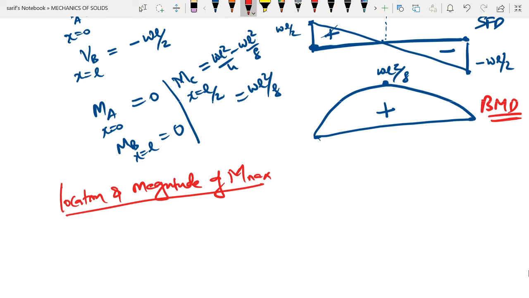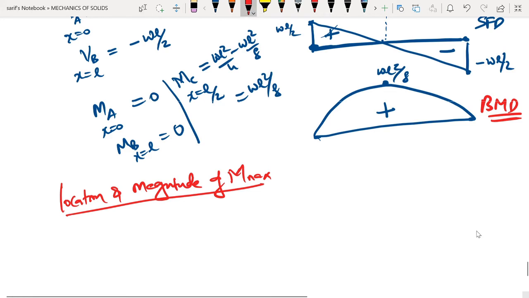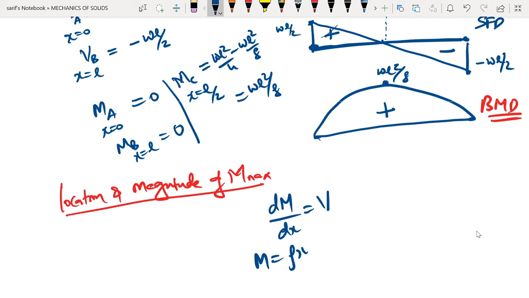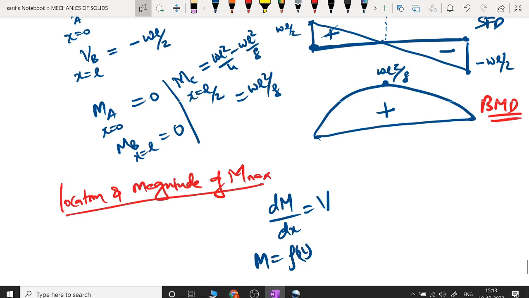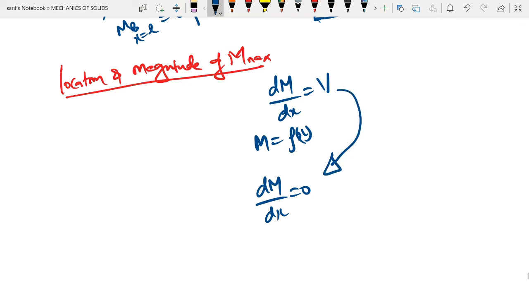One way is, we know that dM by dx is equal to the shear force, and also we know that the bending moment is a function of x. That function of x is going to be maximum when dM by dx is equal to 0. This means that the bending moment will be maximum when the shear force is 0.